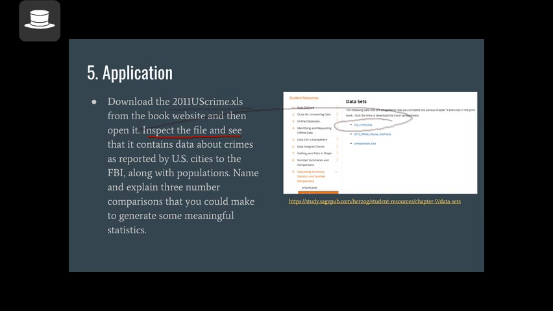It contains data about crimes as reported by United States citizens to the FBI, along with populations. Name and explain 3 number comparisons that you could make to generate some meaningful statistics. So I hope you do it.